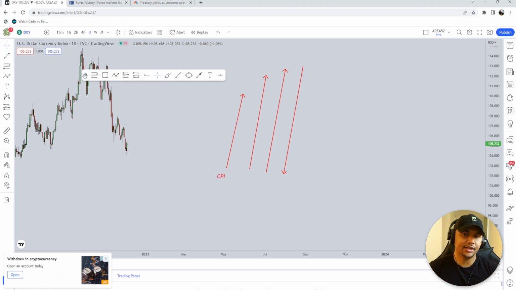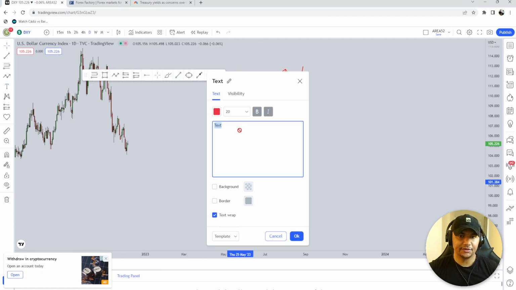Where can the market go? Firstly, if the CPI comes out higher, we know that inflation is high. Why? Because consumers are spending. They are overspending. So how do you bring that down? The only way to discourage consumers from spending more is to have interest rates increase.